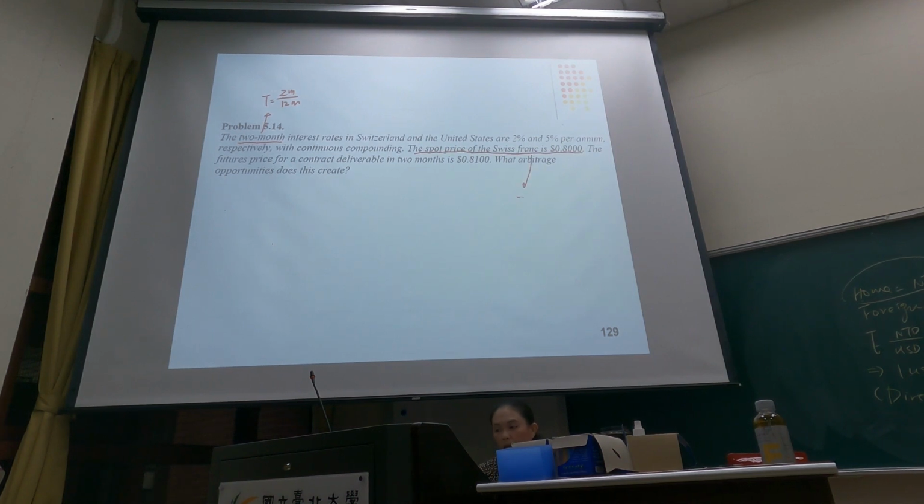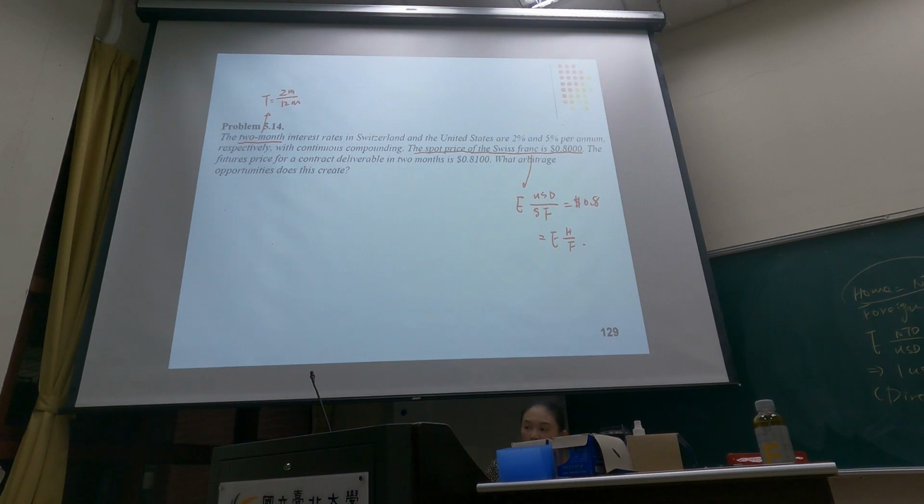This means E, the Swiss franc in terms of USD, is 0.8. 1 Swiss franc can exchange for 0.8 US dollar. Can you guys follow me? So the Swiss franc is at the bottom. If you express it in the direct quotation, that's E F over home. So which one is the home currency? US dollar.